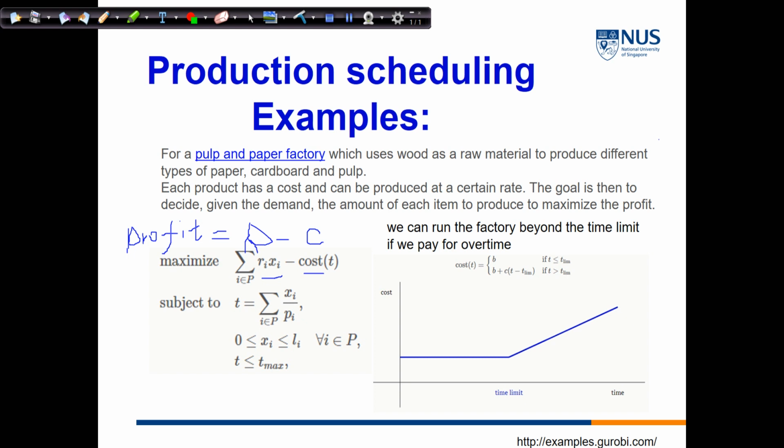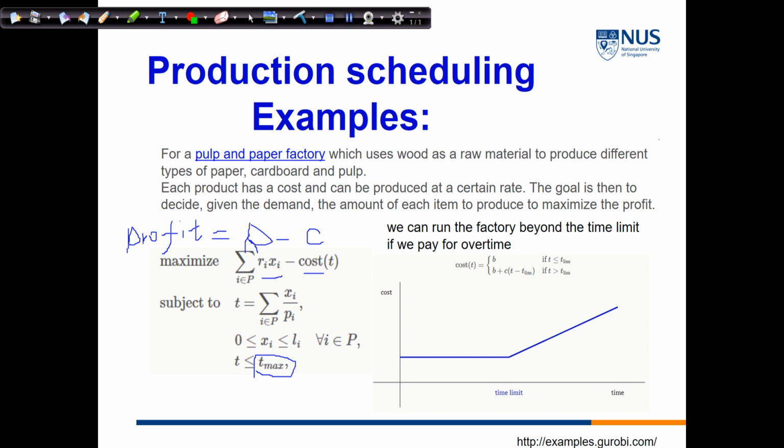Then the constraint. For the time constraint, we know there's a total T max. You cannot produce more than 24 hours per day if that's the maximum given here. So the total time for the products cannot be beyond this total machine time.